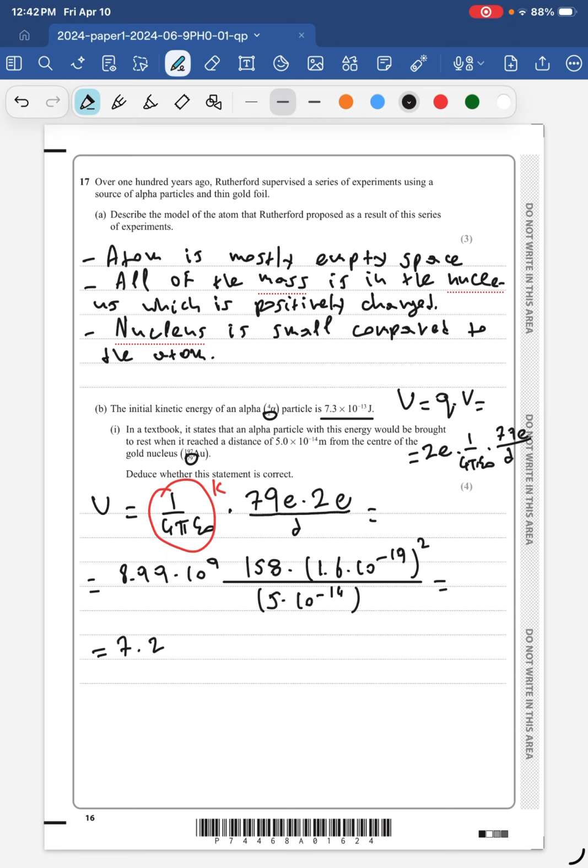This yields 7.27 times 10 to the negative 13 joules, which is about 7.3 times 10 to the negative 13 joules, which is equal to the kinetic energy. So yes, this works.